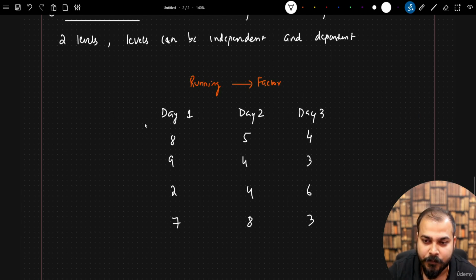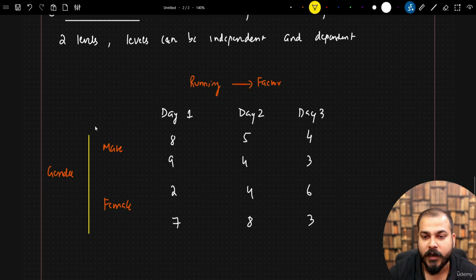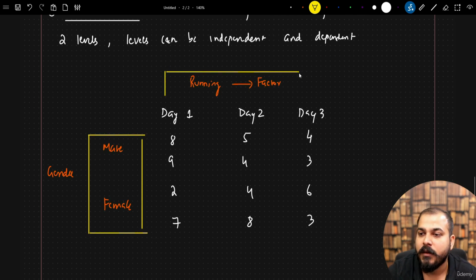Let's consider this. Now this is one of my factors, obviously, and these are my levels. Now we can have one more factor over here. Let's consider gender as one factor, and here I'll split the gender into male and female. Let's consider that the top 2 rows of data are with respect to the male. So this is definitely one factor. This is my other factor.